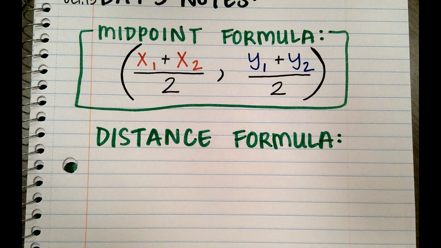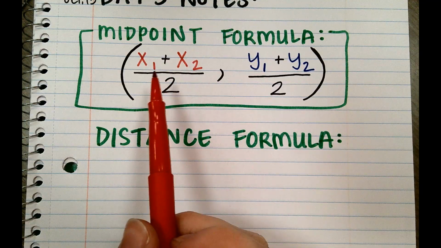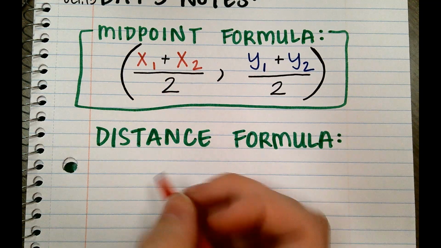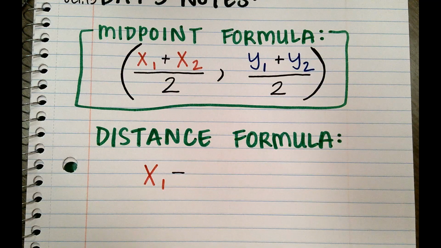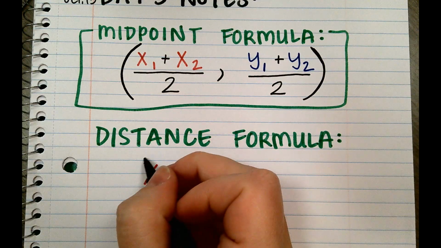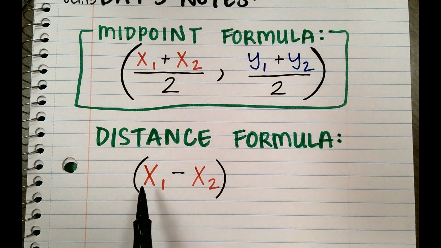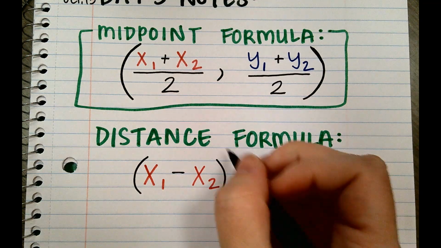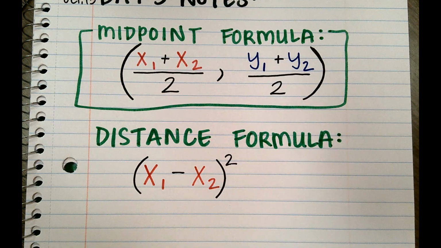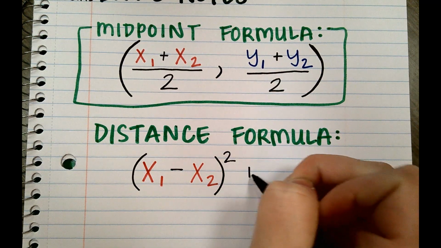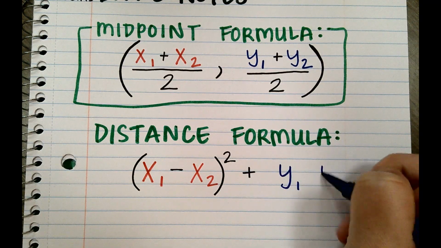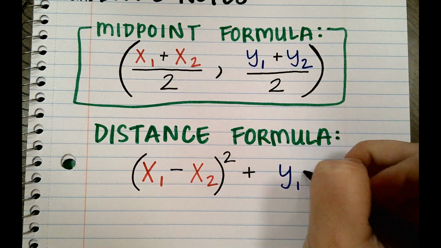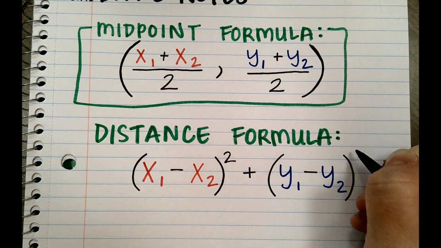For the distance formula, we are going to do x1 minus x2, this time that goes in parentheses, x1 minus x2 squared, plus on the outside, y1 minus y2 in parentheses squared.